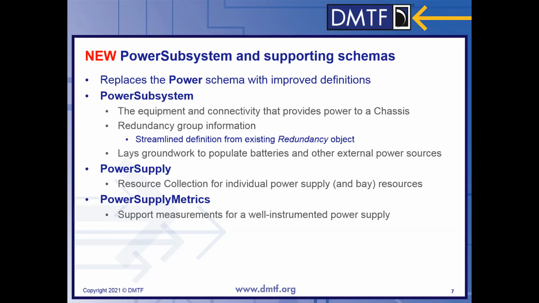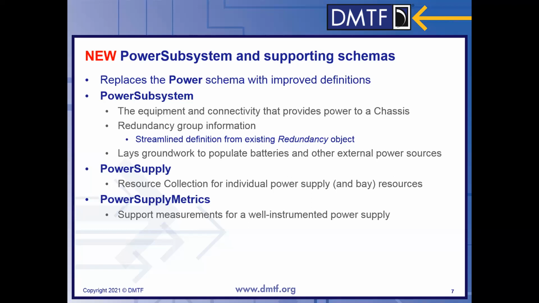And that was done to separate the dynamic data, all of the voltage and current and frequency and temperature, everything about a power supply that can be used for either polled or for generating metric reports, but keeping that separate from the large quantity of static data that talks about the configuration of the power supply itself. So those are now all broken out, hopefully to align better with use cases for client software.